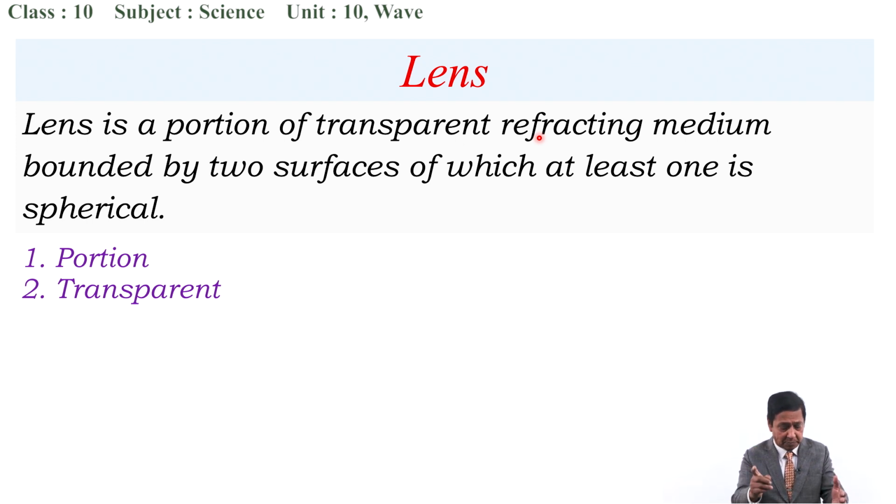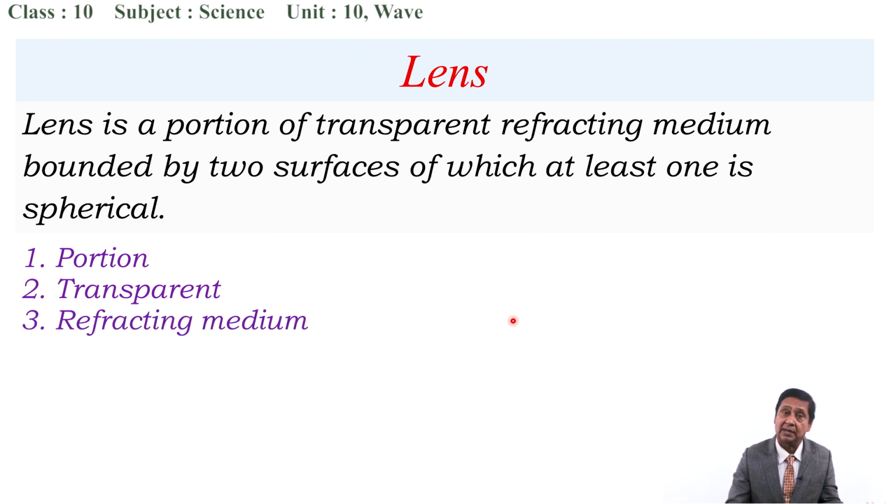Second point you have to remember: when light passes through the lens, it bends. And bending of light when it passes through a medium is called refraction. We know this, and that's why lens is a portion, it is transparent, and it bends light. Refraction takes place in the lens.